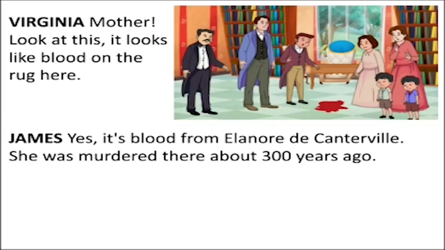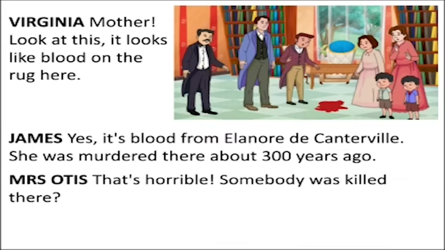She was murdered there about 300 years ago." Oh my God. It means whatever Lord Canterville told about this castle was a real fact. James too agrees that there was a brutal killing, a murder which happened there 300 years ago.